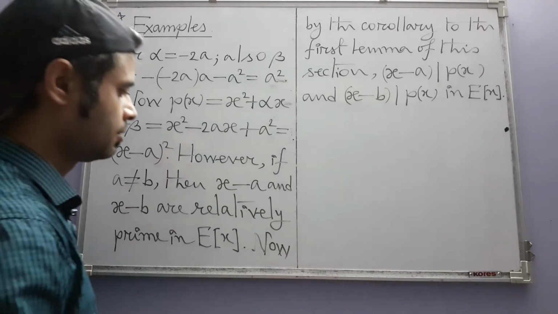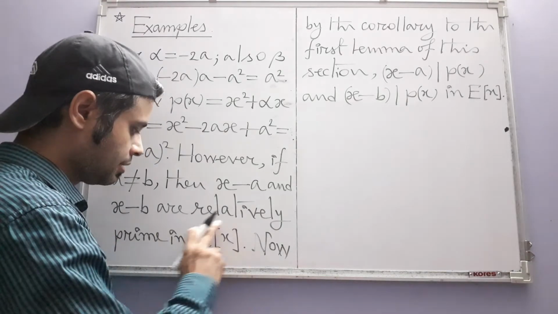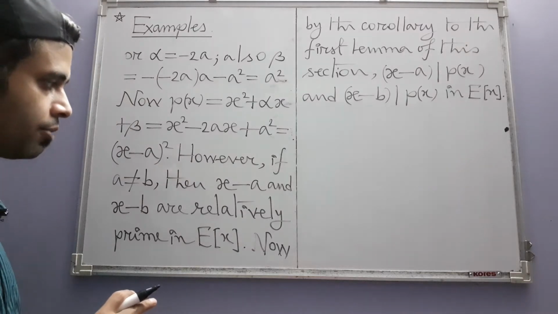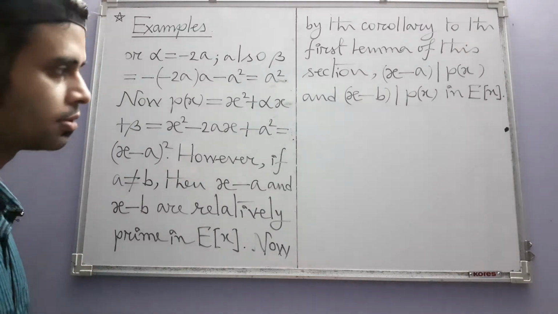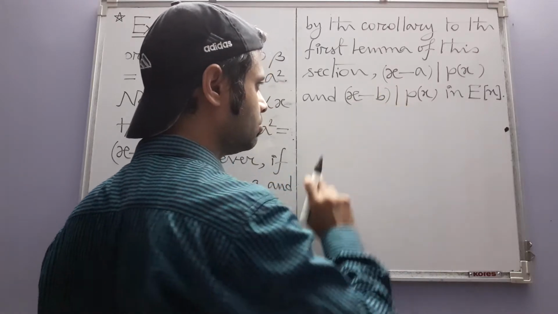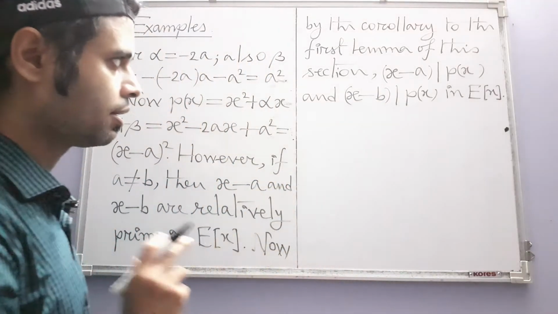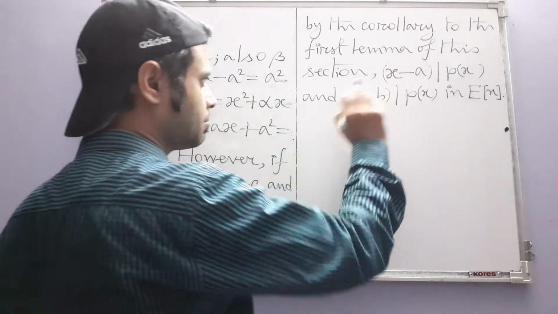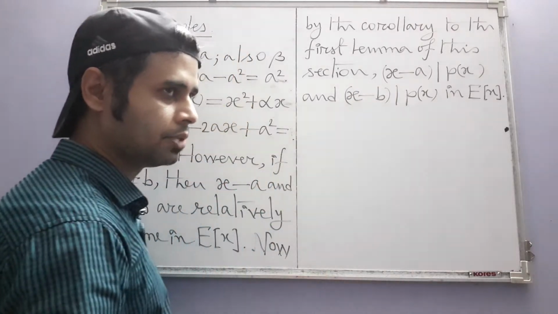Okay. Now the fact that these two are relatively prime will be used. Because they are co-prime, these two divisibility relations will now imply that their product also divides Px.